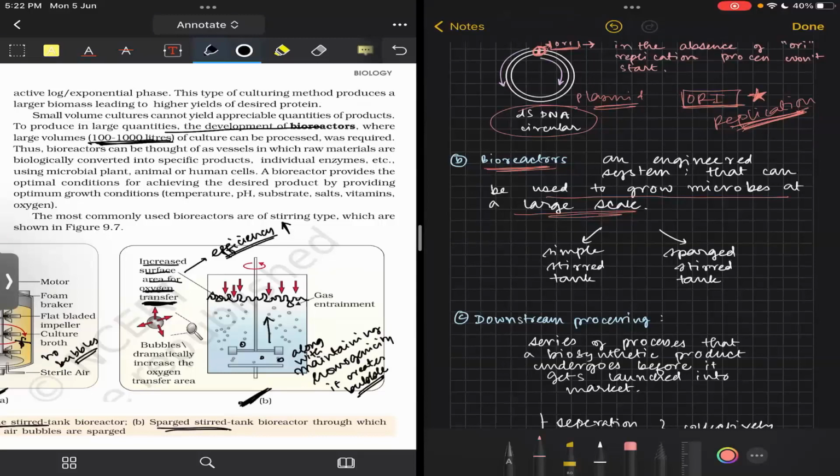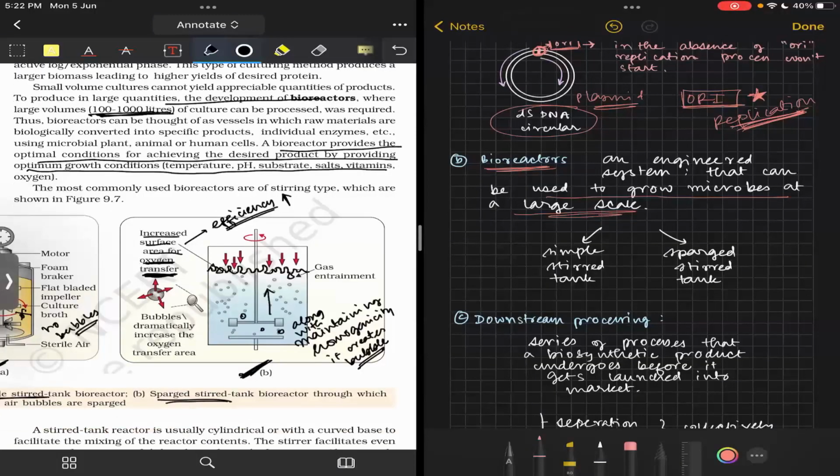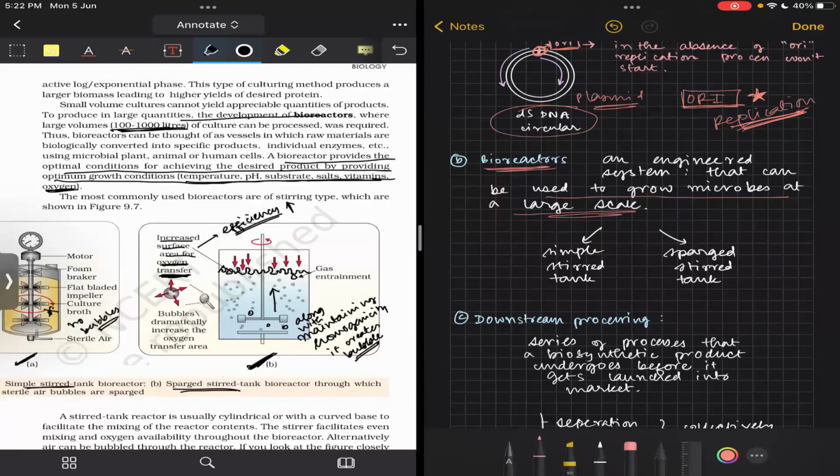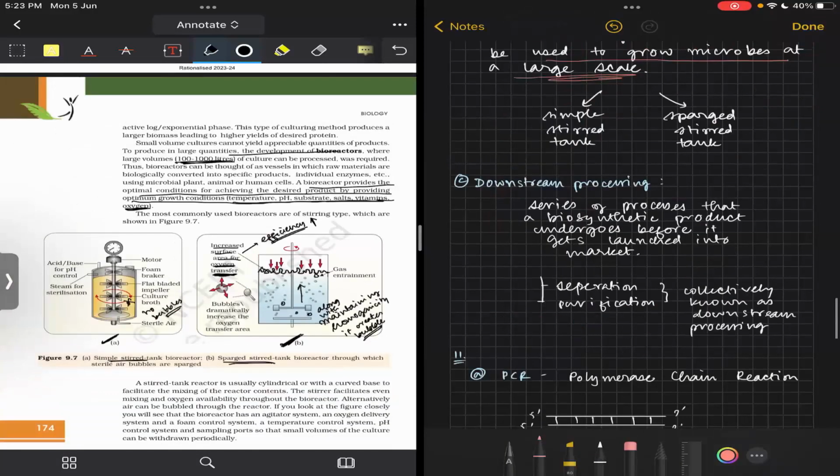You can control the temperature, pH, substrate, salts, vitamins, and oxygen throughout the process. You can constantly monitor the process, and you can constantly make changes so that the process is efficient and cost effective. And the third was downstream processing.